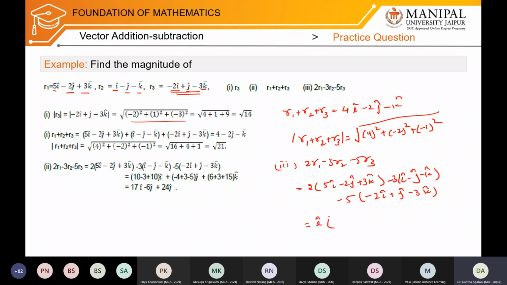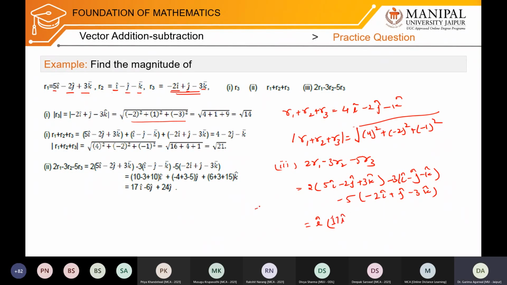Now collect the coefficient of i cap. 5 into 2, 10, minus 3 and plus 10. Sorry, so 20, it is 20, 20 minus 3, 17 i cap.